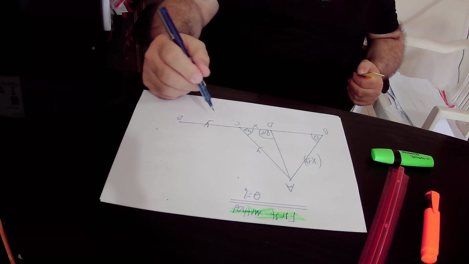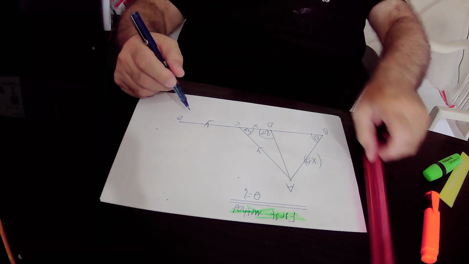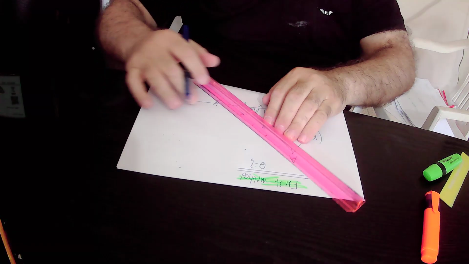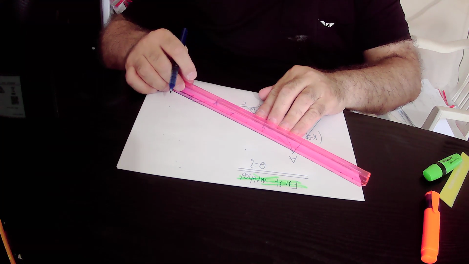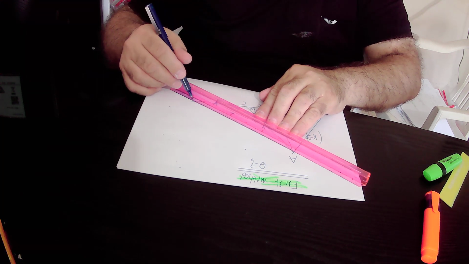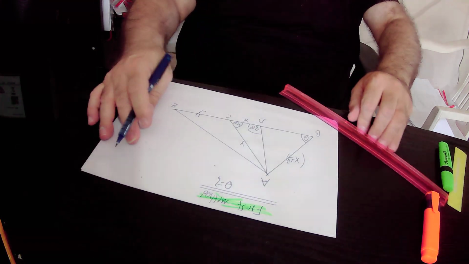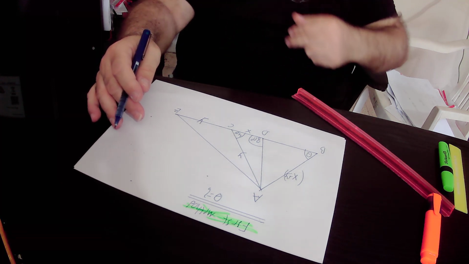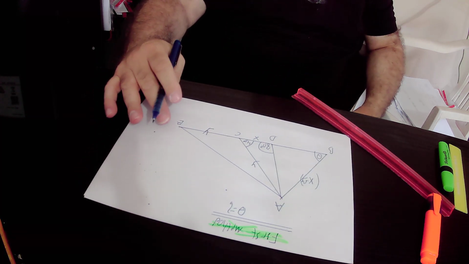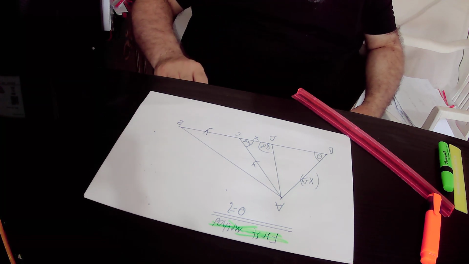In the next step, we will join points A and E together by a straight line. So by joining points A and E by a straight line, we created here triangle ACE. So I copy triangle ACE in a new page and we'll analyze triangle ACE.